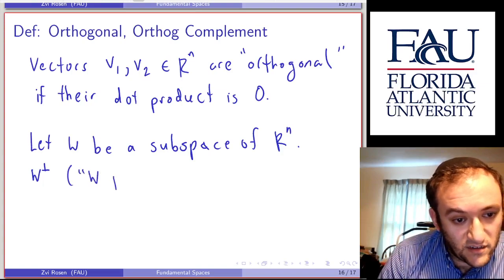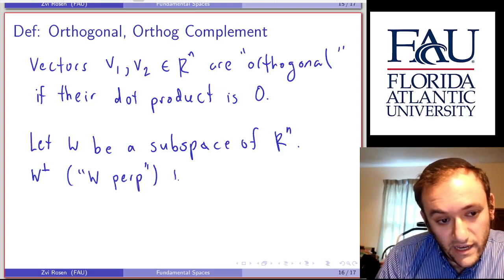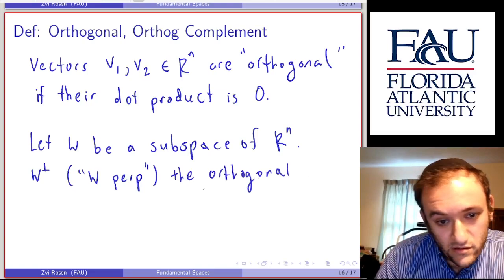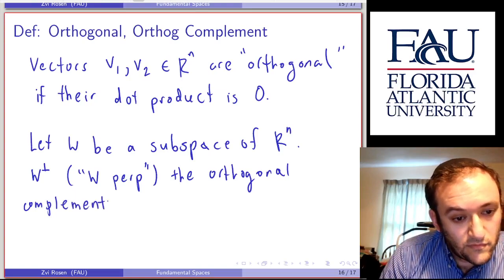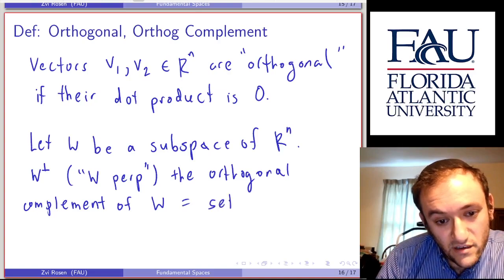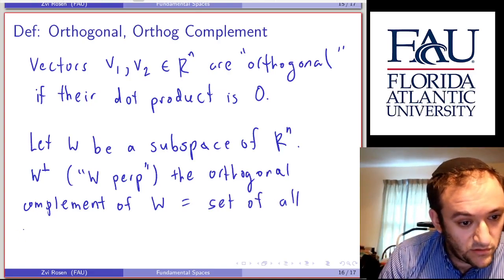You can read this as W perp, or the orthogonal complement of W. This is the set of all vectors orthogonal to every vector of W.